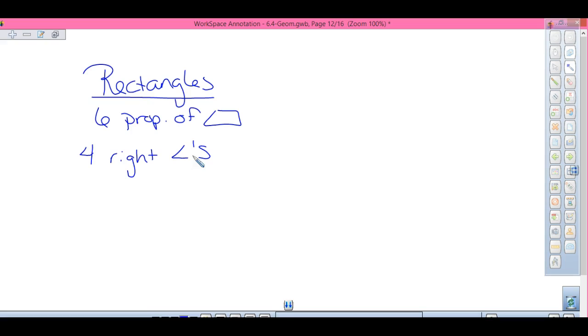And what did we just learn about its diagonals? Diagonals are congruent. It's supposed to be a parallelogram, and it was a beautiful parallelogram in my mind until you brought attention to it. So the diagonals are congruent.